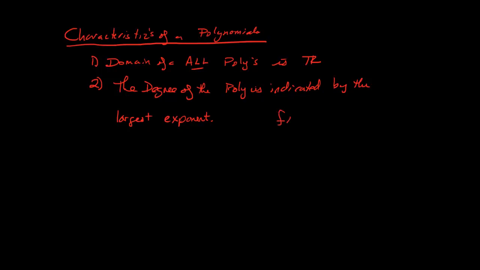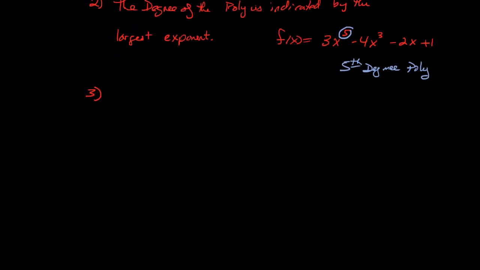For example, if I give you f of x equals 3x to the fifth minus 4x cubed minus 2x plus 1, we recognize here that this is a fifth degree polynomial. Once we determine the degree, that degree can tell us a little bit more about our graph.